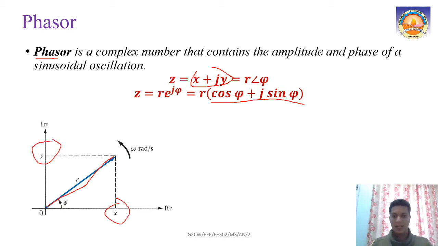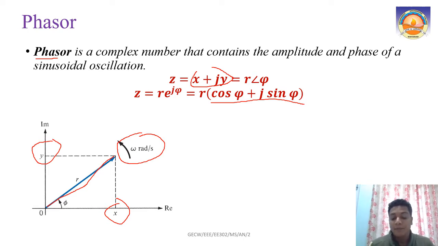So that is the real and imaginary part of that complex number, and r is this. The angle phi is given by tan inverse of y by x. These are all known to you. So that is how we represent a phasor. Basically, this is rotating at an angular velocity omega radian per second. Okay, that is our understanding.